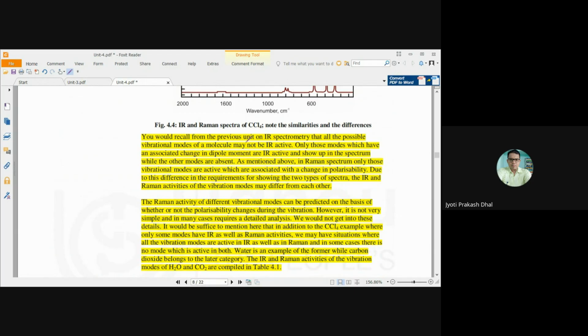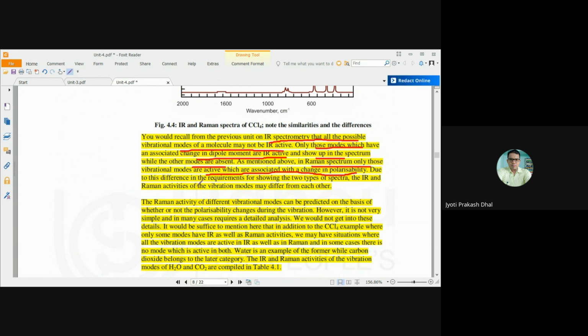Again, you can remember in the previous unit, in IR spectrometry, that all the possible vibrational modes of the molecule may not be IR active. Only those modes which have an associated change in dipole moment are IR active and show up in the spectrum, while the other modes are absent. As mentioned above, in the Raman spectrum, only those vibrational modes are active which are associated with a change in polarizability.